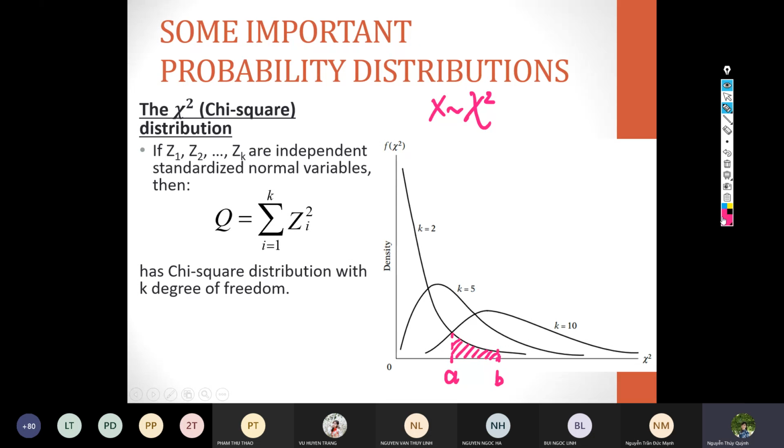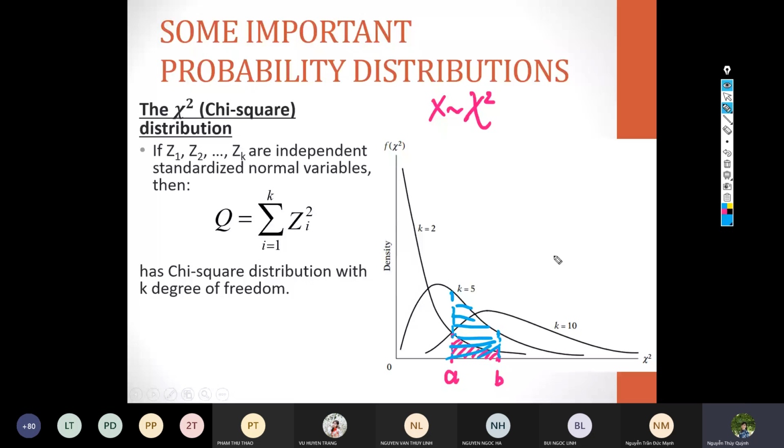If the chi-square distribution has 5 degrees of freedom, this area will be the probability that x has a value falling into the range from A to B.